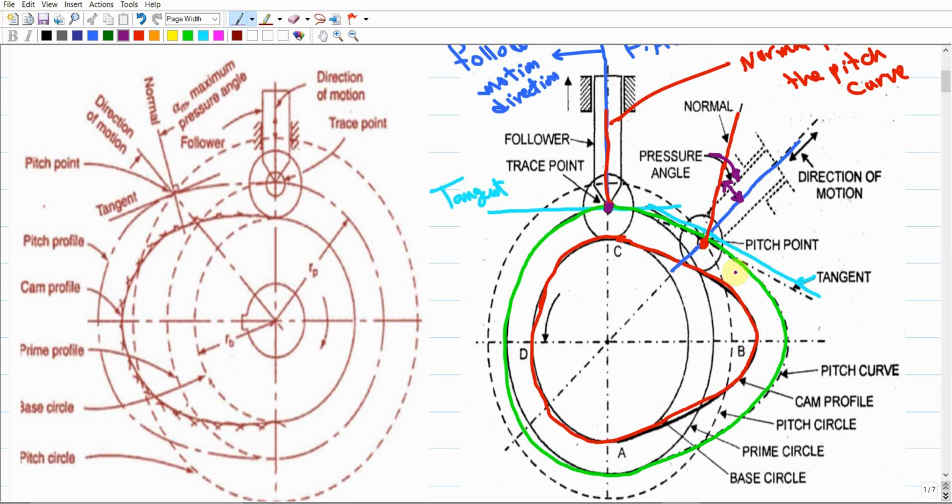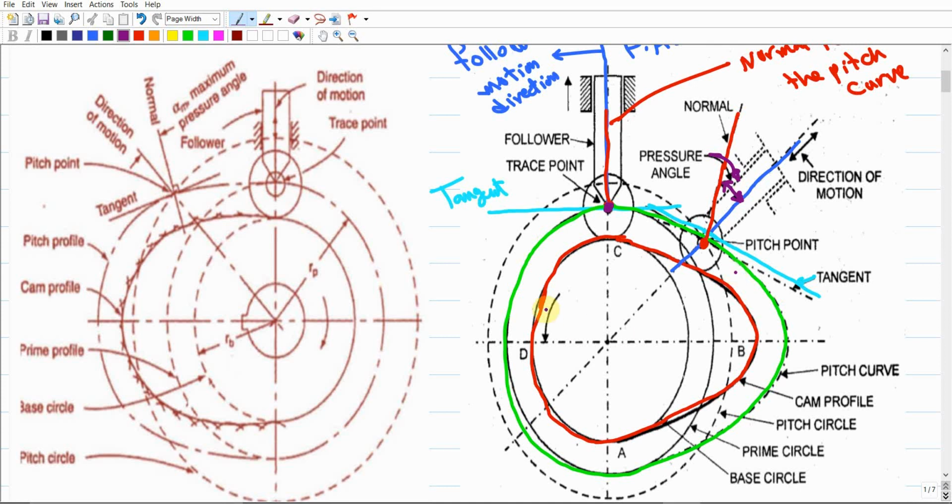The pitch point is also a point that belongs to the pitch curve, but we specially specify this point as the one that has the maximum pressure angle. As we said, the pressure angle changes from 0, then increases, then decreases again. So the point that belongs to the pitch curve at which the pressure angle is maximum is going to be the pitch point.